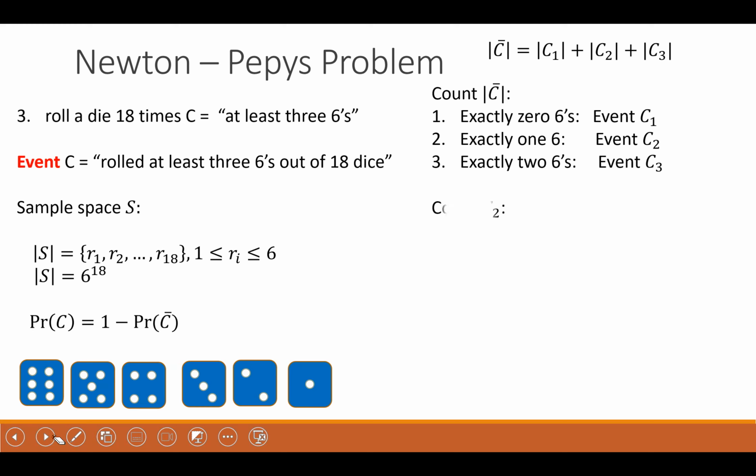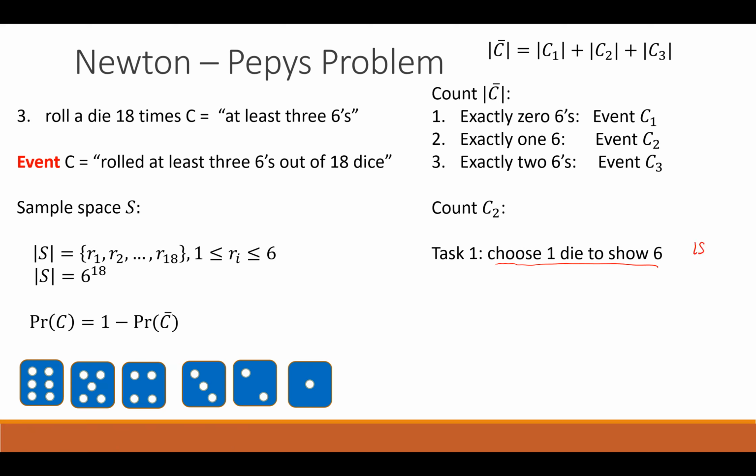All right, C2, this is the same thing I did with B2 before. I get exactly 1 6. So I'm going to choose one of the 18 dice to show that 6. There's 18 ways to do that. And then for the remaining 17 dice, I'm going to choose a number from 1 through 5 for each of those 17 dice.